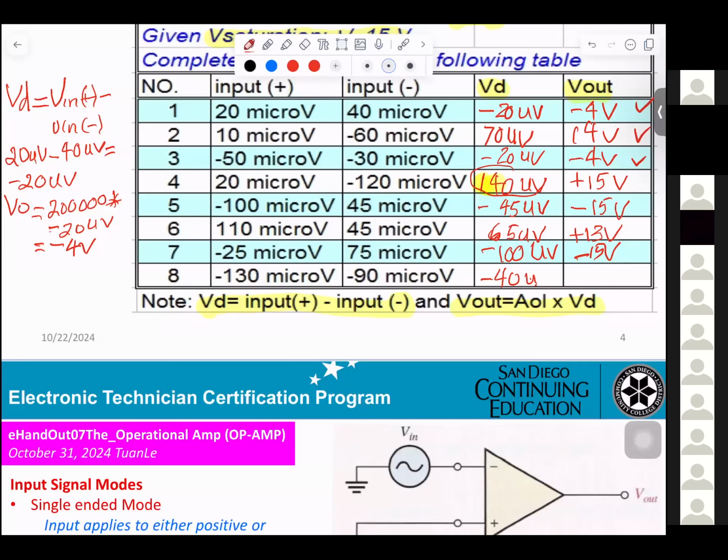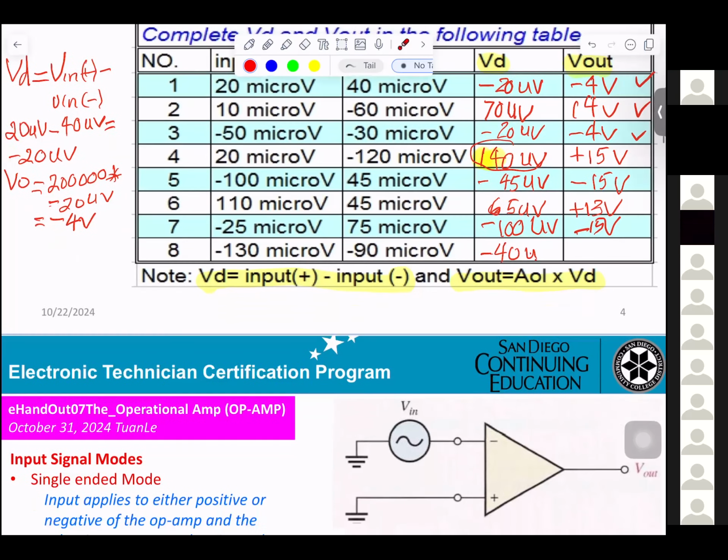Right. Okay, now in here you already see that Vout is AOL times VD. After you calculate the VD here, you multiply by 200,000, you get Vout. If the Vout is higher than 15 volt saturation, then they will be saturated.